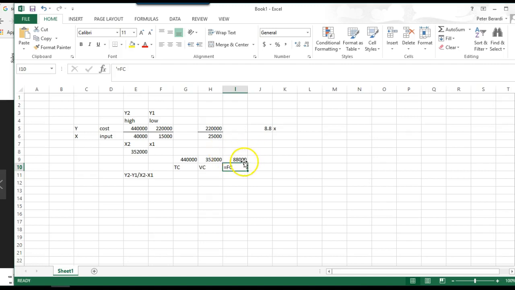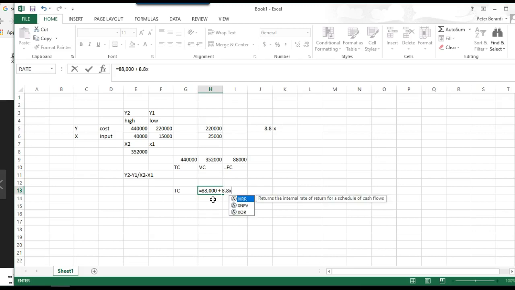Which is 88,000. Therefore, our total cost, which is y, will equal 88,000 as our fixed plus 8.8x will be our formula. So that's essentially the explanation of the math behind high-low.